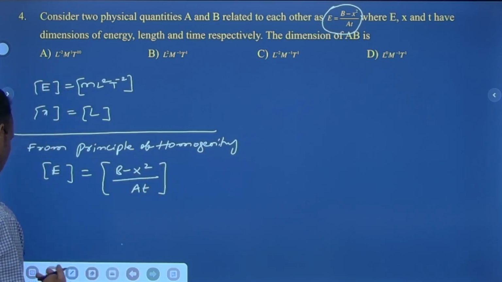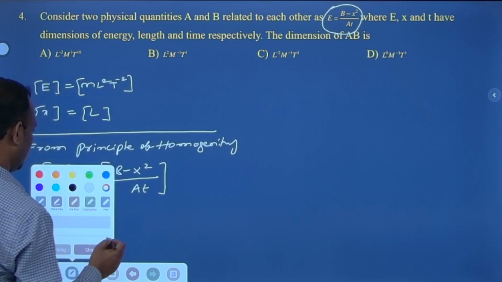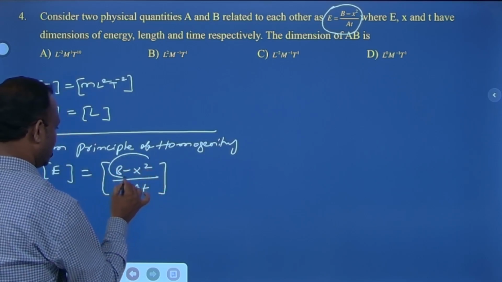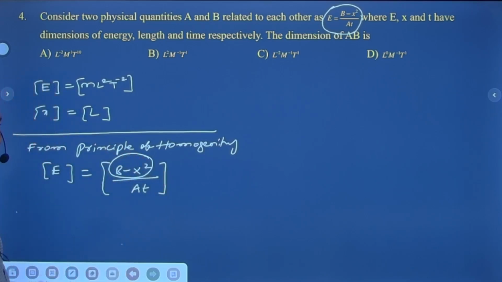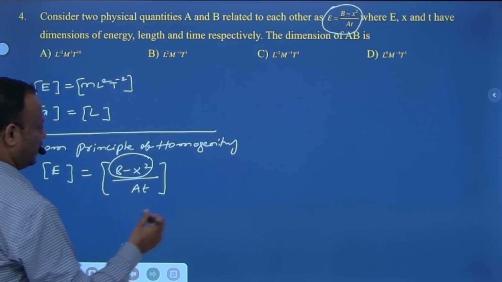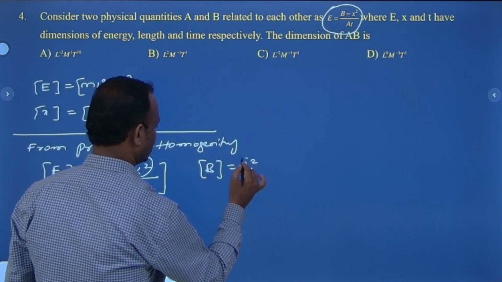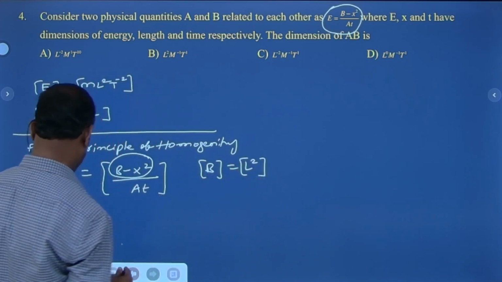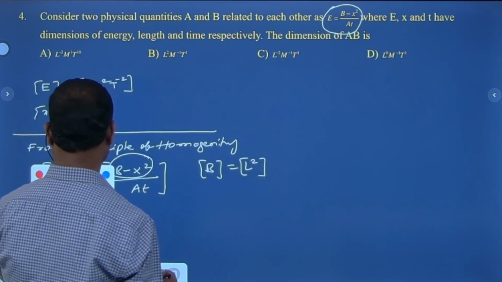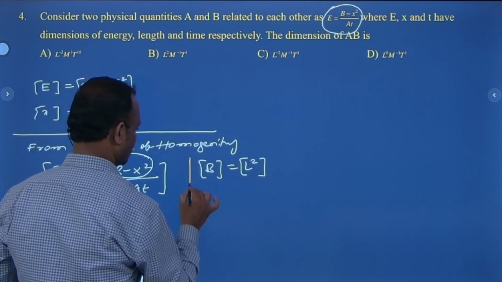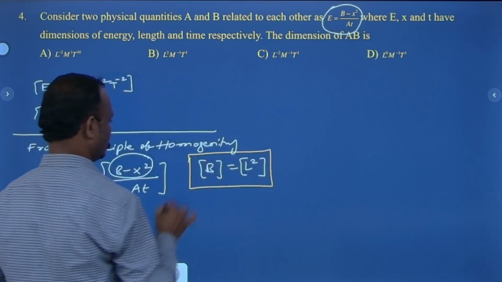From this you can understand that from B, X square is subtracted. It means the dimensional formula of B is equal to L square. This is the first condition.